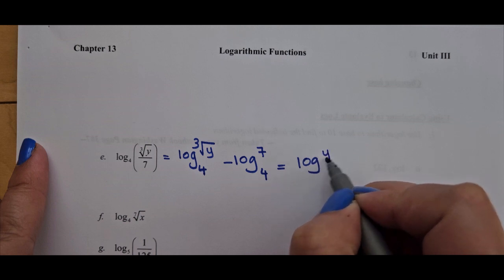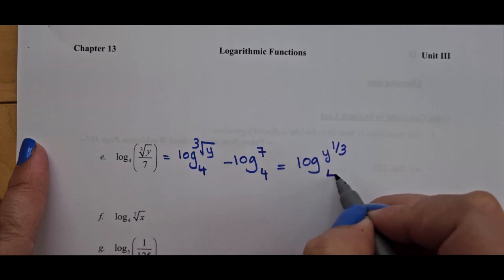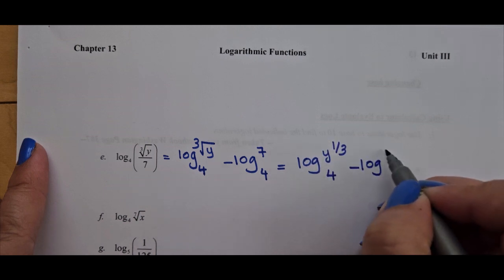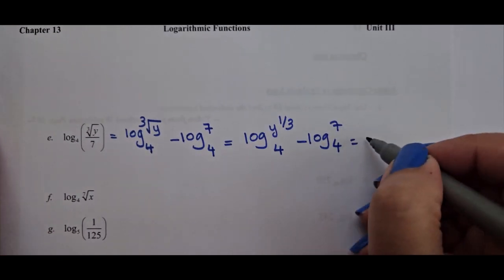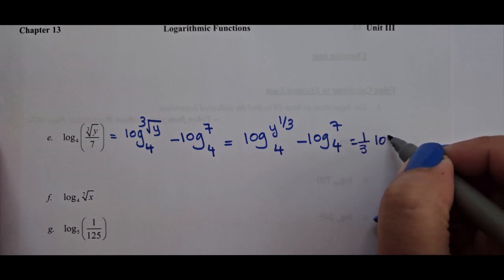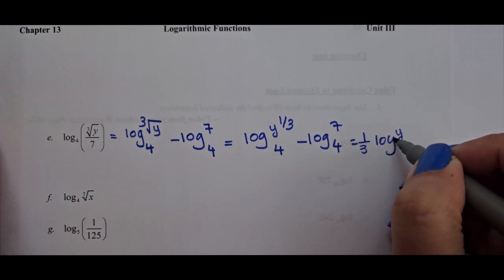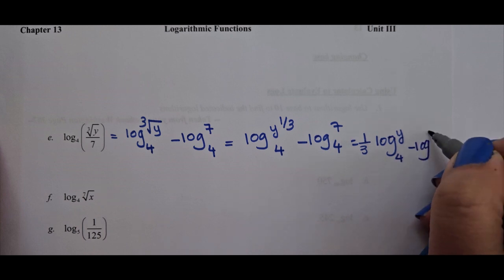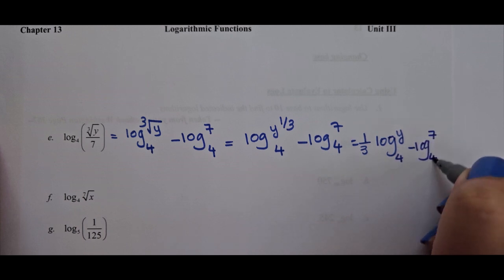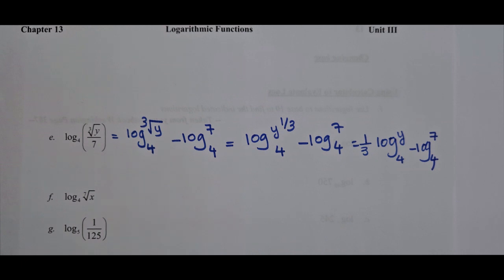So that would be y to the power 1/3 base 4 minus log 7 base 4, right? So again, I can simplify it further. This 1/3 would move to the front. This is log y, base 4 minus. Remember guys, whenever the log is anything other than 10, you must write the base down.